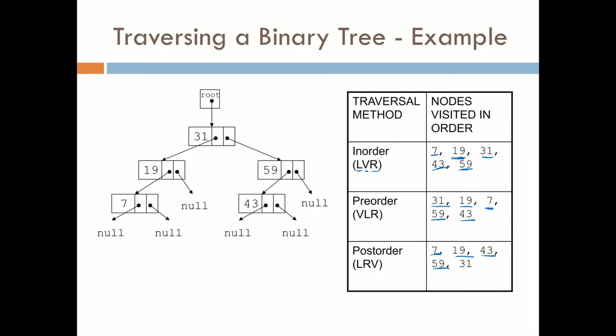I must now visit the node itself, and so I output 31. And you notice that at this point, having gone left, gone right, and visited the node, the algorithm terminates. And you notice that in all of these cases, the output from these particular traversal methods is different.